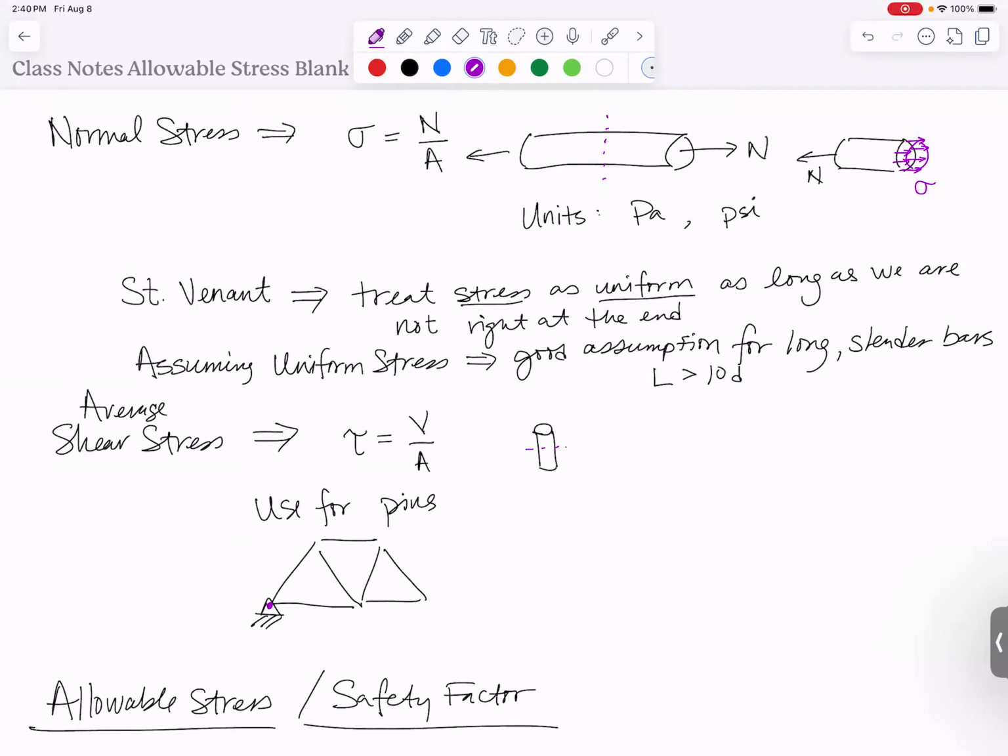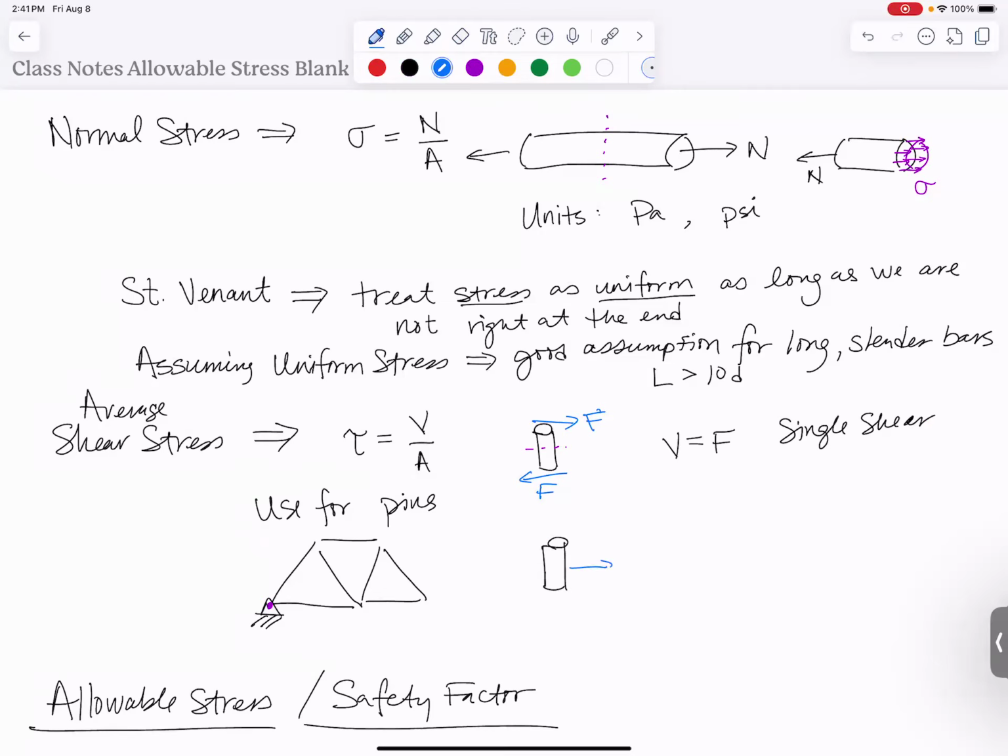If I cut right through that pin that's being loaded with a force, in that direction and in that direction, what I end up finding is that V is equal to F if it's set up in single shear, like this picture, versus a double shear situation.